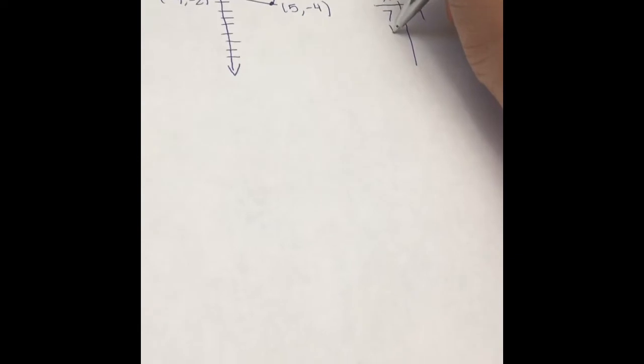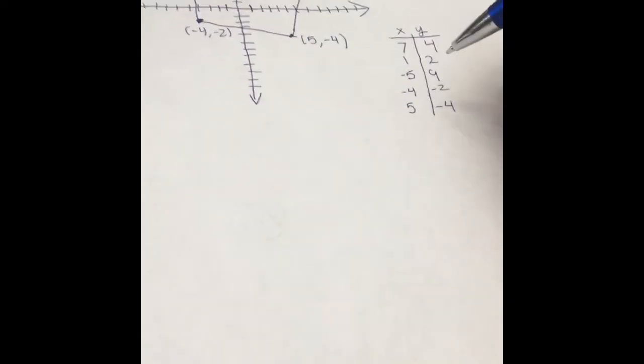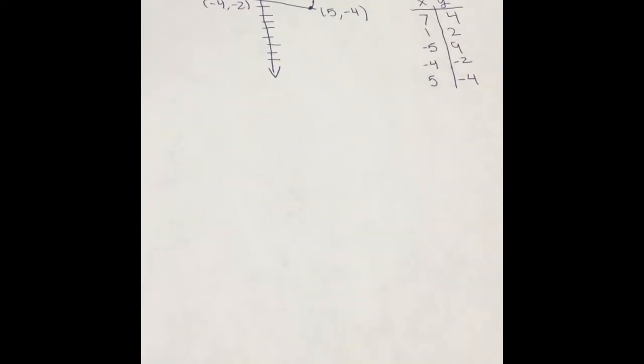So let's list our points in a table. Cool. There. Now we got all of our points.